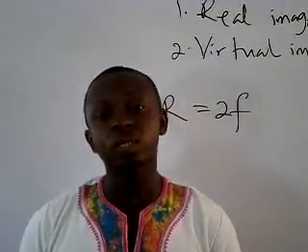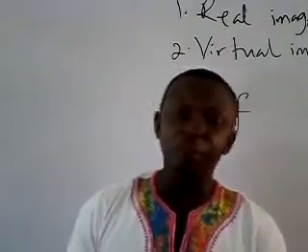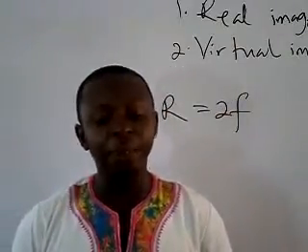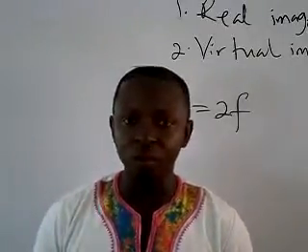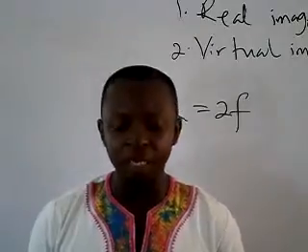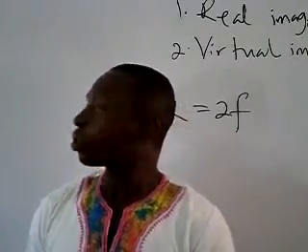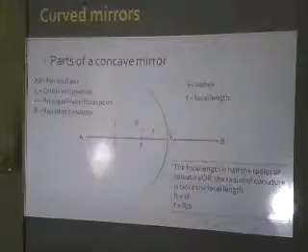So, let's go over the parts of the concave mirror. We have the principal axis, which is line AB. That's the main line drawn through the mirror, and it divides the mirror into 2. We also have the principal focus, also known as the focal point.